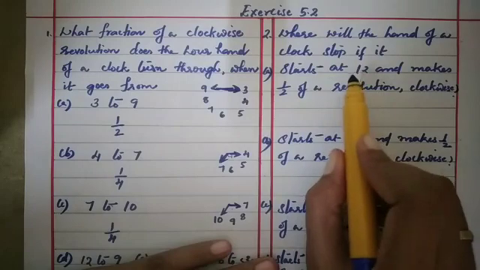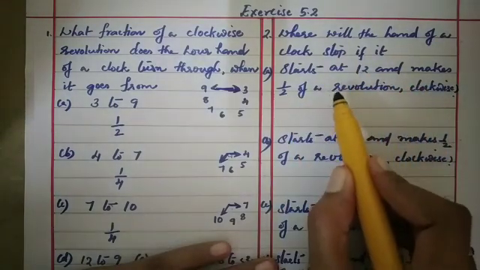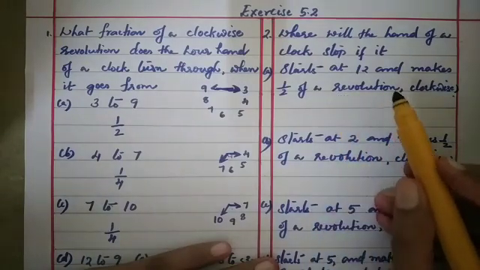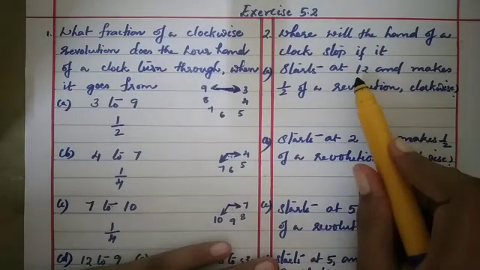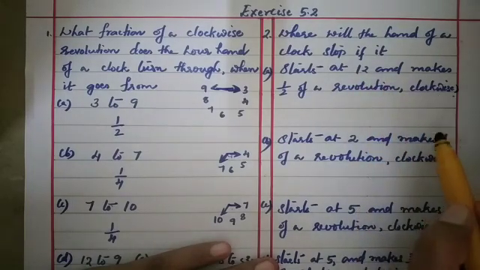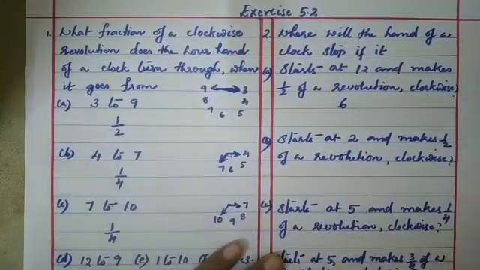Starts at 12 and makes 1 by 2 of a revolution. So 1 by 2 of a revolution means 180 degrees. 180 degrees means a straight line. So starts at 12, then a straight line comes, and it ends at 6. Hope all of you understood.